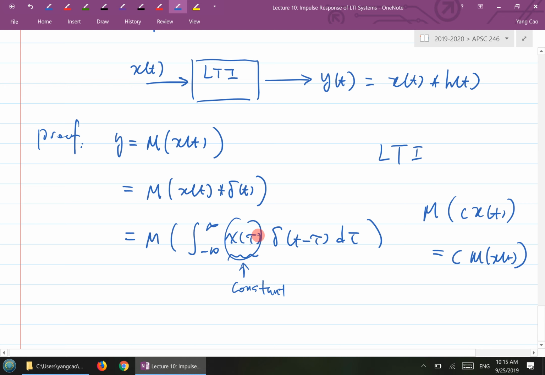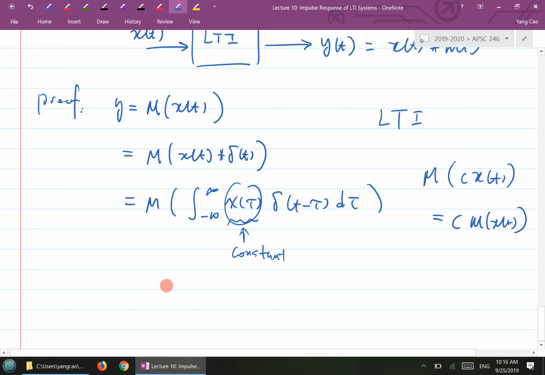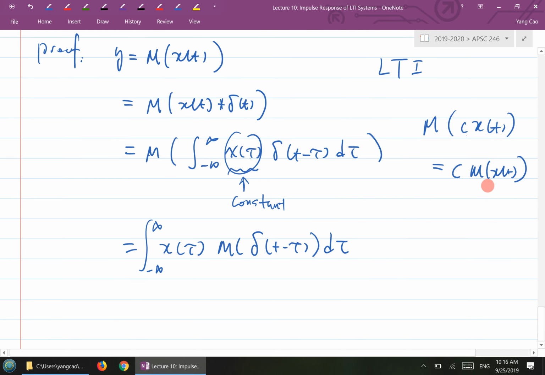So if it's a constant, I will apply the homogeneity property. You can take the constant out of the bracket, so this x of tau you can take out, and this M can move into the bracket. So it becomes M of delta of t minus tau, d tau. That's linearity, right? It's making use of linearity here.